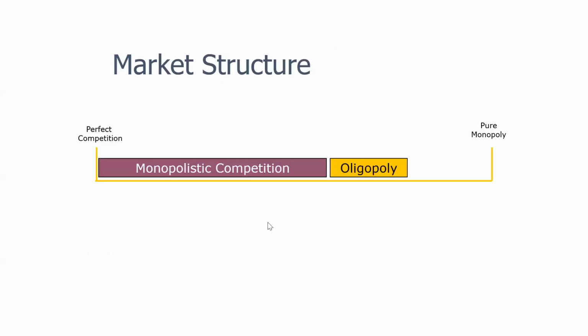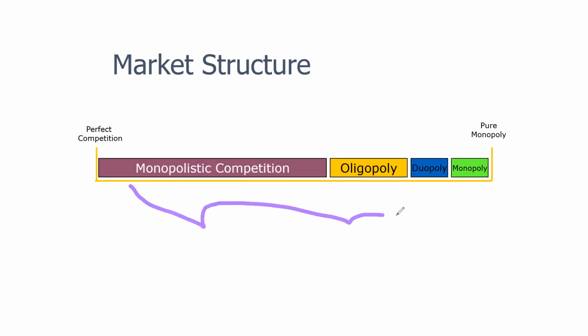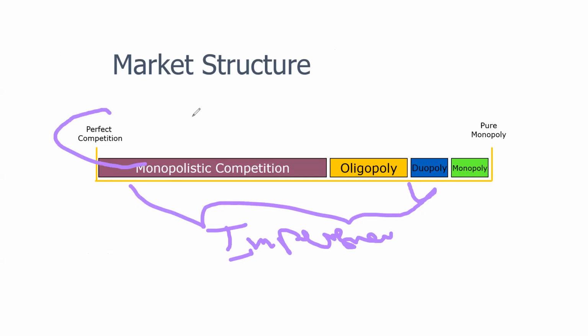Then if we put those markets onto this continuum, normally we identify this as imperfect competition. Here is the perfect competition, here the monopoly, and in between we can identify imperfect competition.